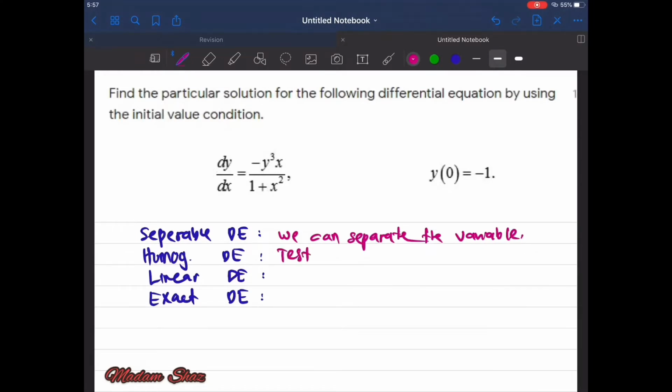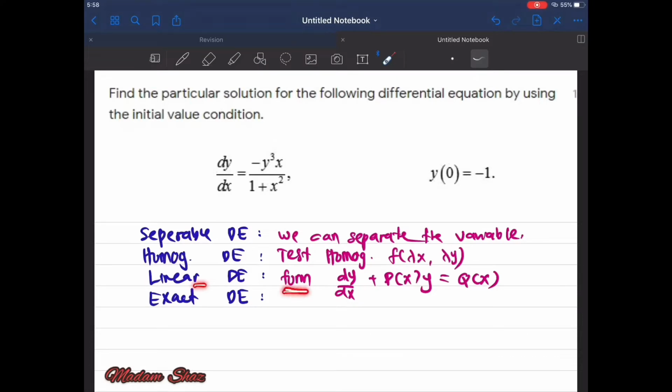Homogeneous differential equation means you have to test by substituting f(λx, λy), which means that when you substitute λx and λy, you get back your original equation. A linear differential equation must be in the form dy/dx + p(x)y = q(x). So y must be to the power of 1, and your right-hand side in terms of the variable x or any constant.